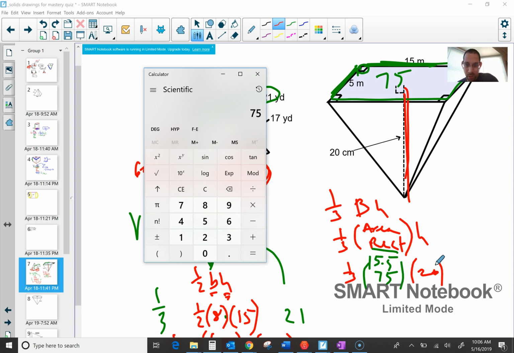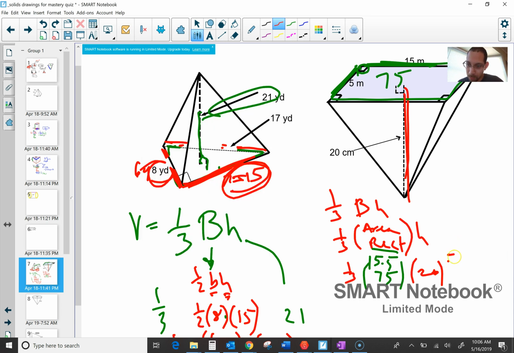We'll do it a couple ways. 75 times 20 is one answer, and now I'm going to divide that by 3. It's 500. Sorry about the sloppiness, the pen's not working too well. Anyway, that should be 500. Our units are centimeters, so we're going to say 500 centimeters cubed.